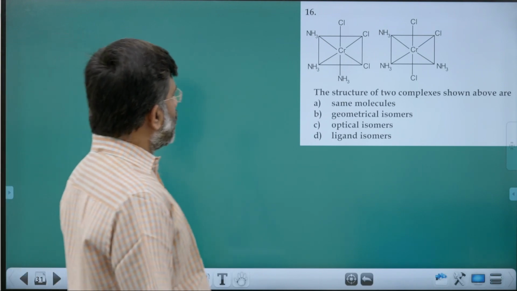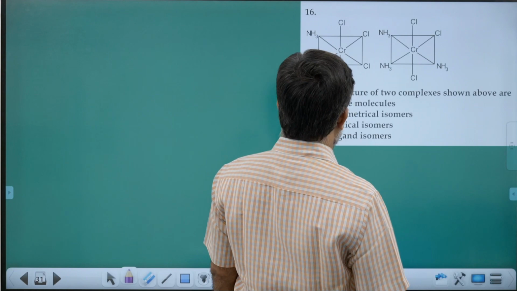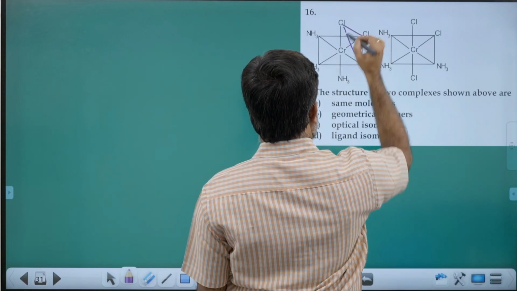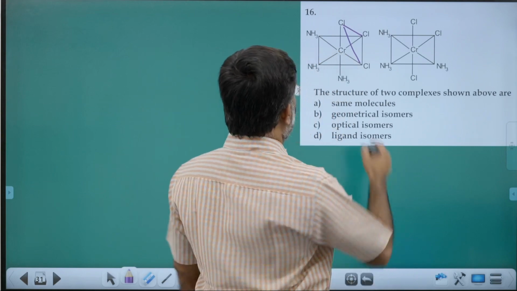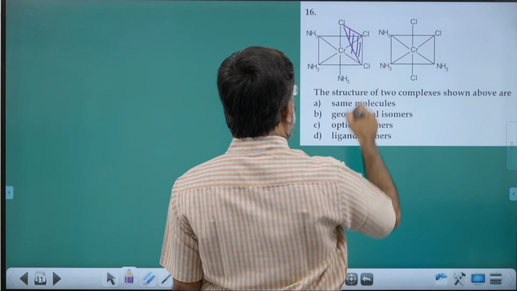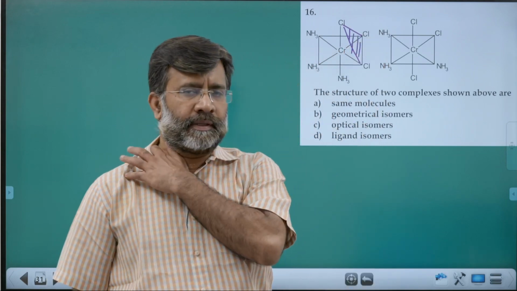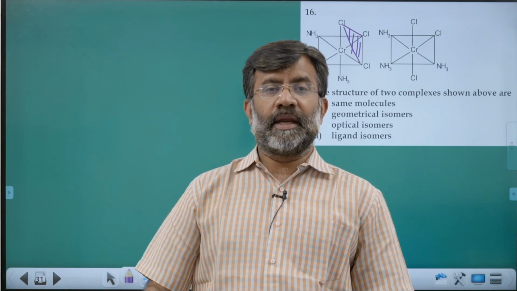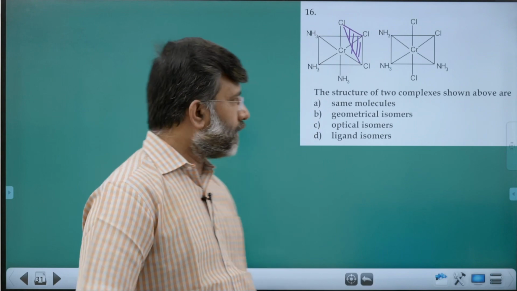This is a special type of isomerism, all of you know: fac-mer isomerism. You see, the 3 chlorine occupy the lateral face of the octahedron. That is facial isomerism.